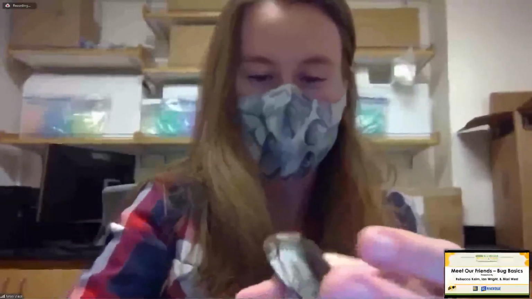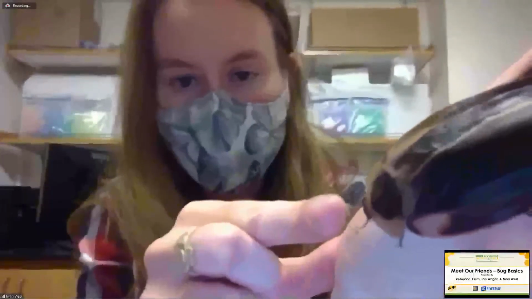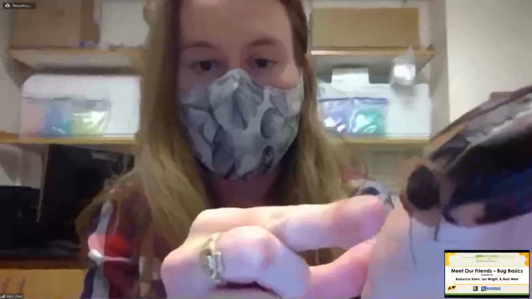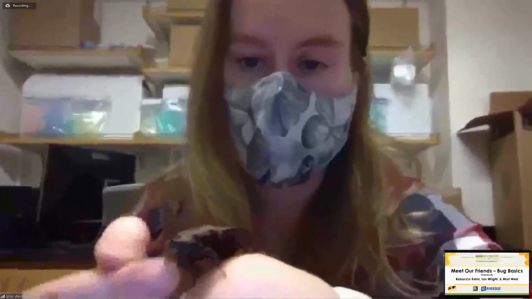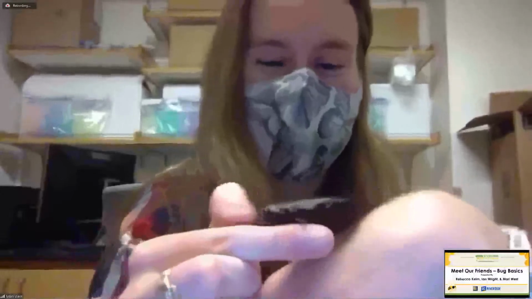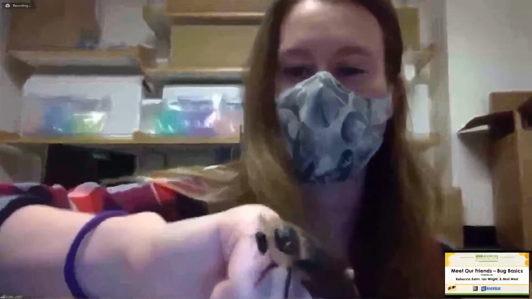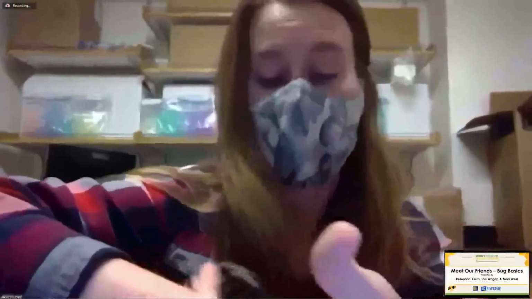They have a little black mark, you see right here, on their pronotum, which is actually extending from the thorax that Rebecca was talking about. And it basically covers the head of the roach, which is right here. And that black mark to some people kind of looks like a skull. So they're commonly referred to as death's head cockroaches.